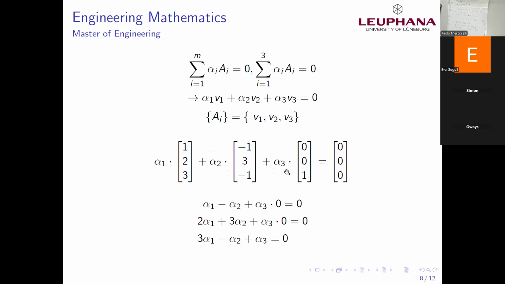Do you remember this? The first component of this vector on the left part is alpha 1 minus alpha 2 plus alpha 3 multiplied by 0, which must be equal to the first component of the right. Therefore, I wrote here this equation.